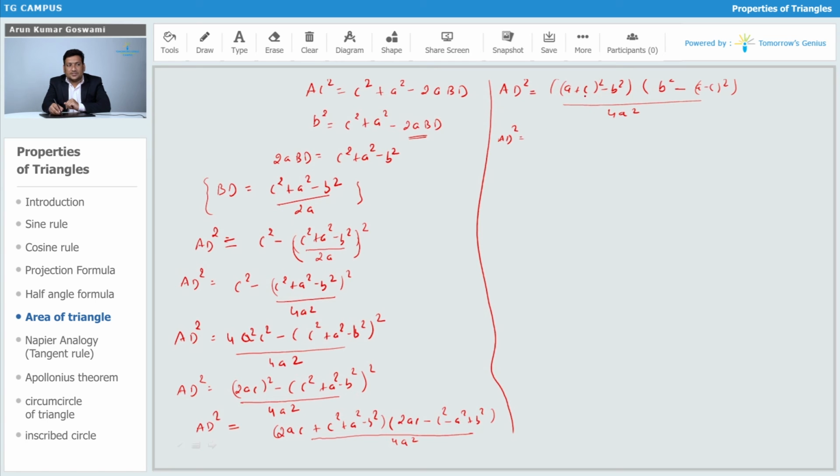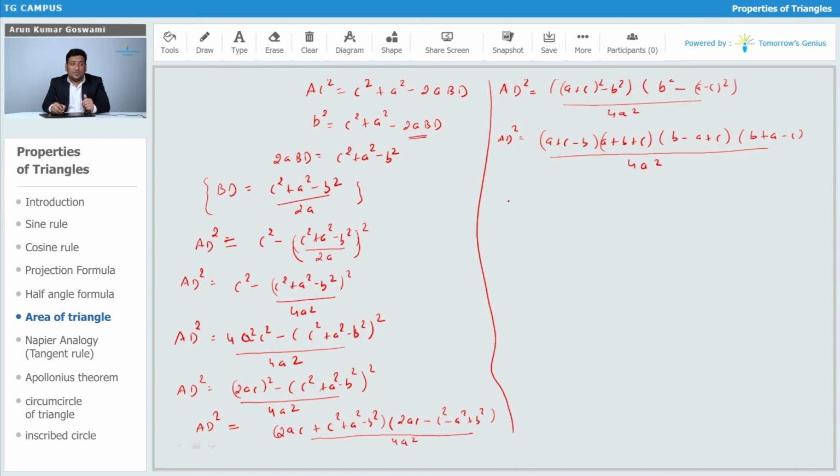Now again, (A plus C) whole square minus B square we can open using the formula x square minus y square, meaning x minus y and x plus y. So I'll write this as (A plus C minus B)(A plus B plus C), and this one I can write as (B minus A plus C)... and this one as (B plus A minus C), divided by 4A square.